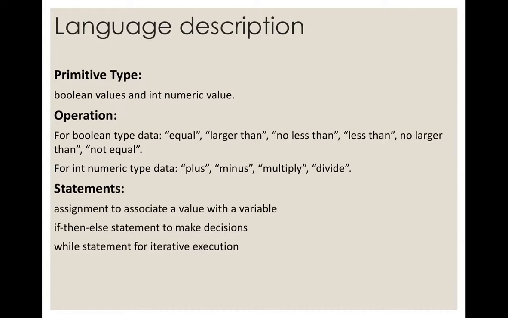As for the operations, of course, we have larger, less, plus, minus, multiply, divide, and not equal, some basic operations. As for statements, we don't have for loops. Here we have assignment statements, if-else statements, and while statements to realize the basic function of any language.